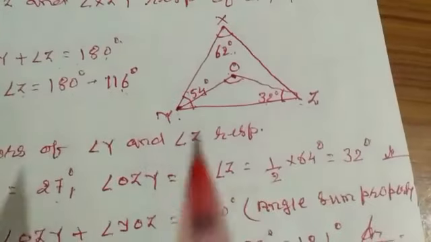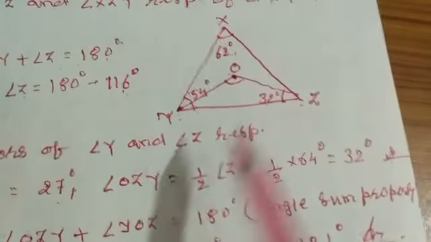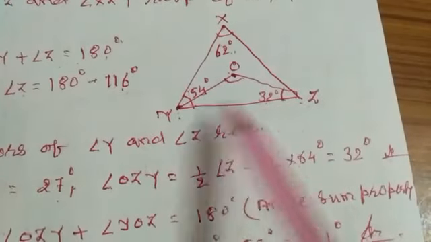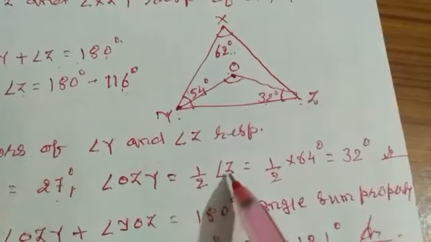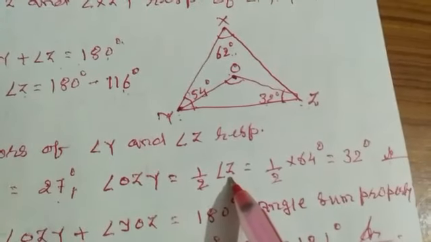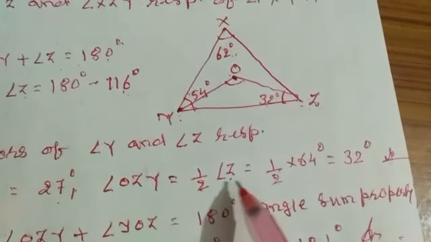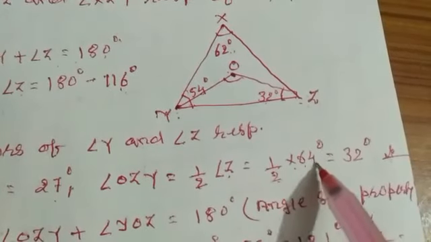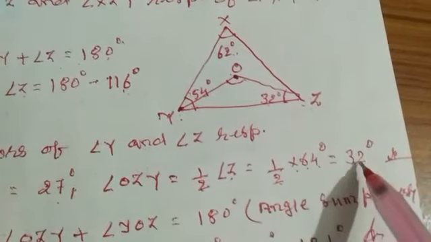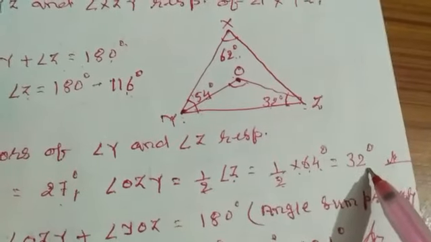Similarly, angle OZY is half of angle Z. So, and angle Z was of 64 degree, so we have half into 64 degree, that is of 32 degree.